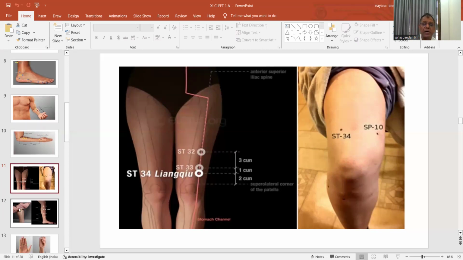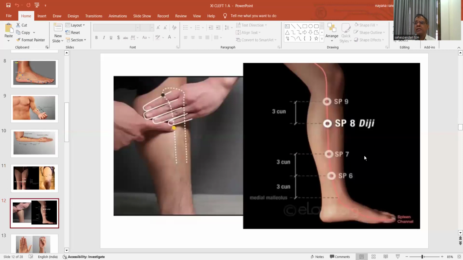The next point is spleen 8, SP8. SP8 has an important action of resolving blood stasis in the uterus and lower abdomen and is indicated in the treatment of dysmenorrhea, especially when acute, irregular menstruation, and abdominal masses in women due to this pathology.